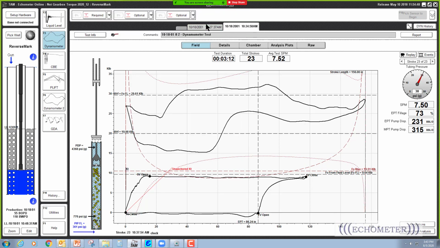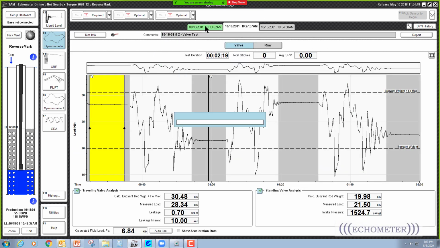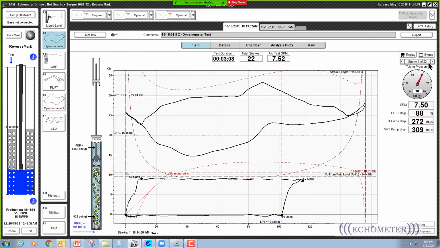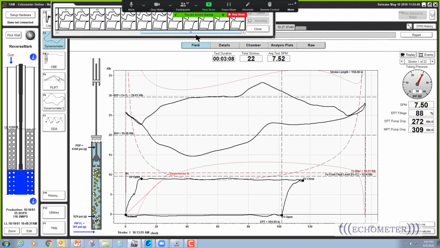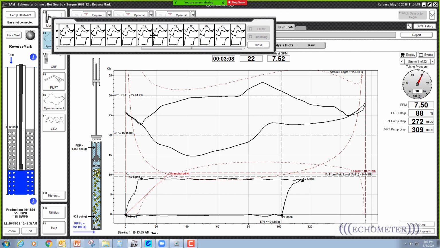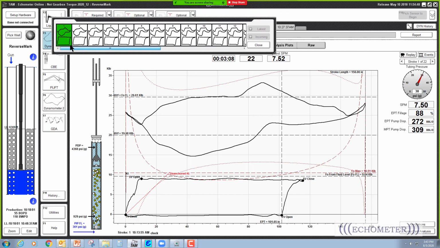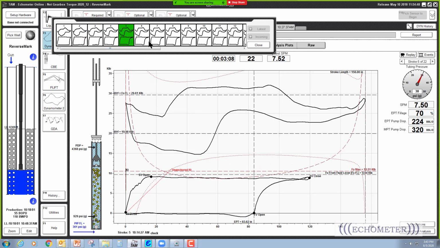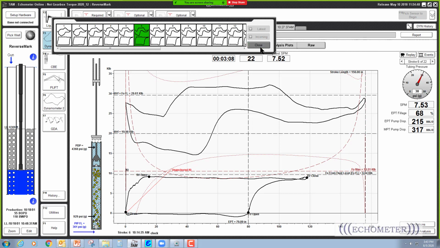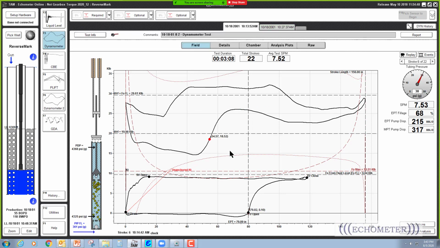If we go to the next one, the first stroke is fairly full, and then from the first stroke to the last stroke, it still is gas interference. See, it's almost full on stroke number 1, and then as we move to the right, it becomes less and less pump fillage.